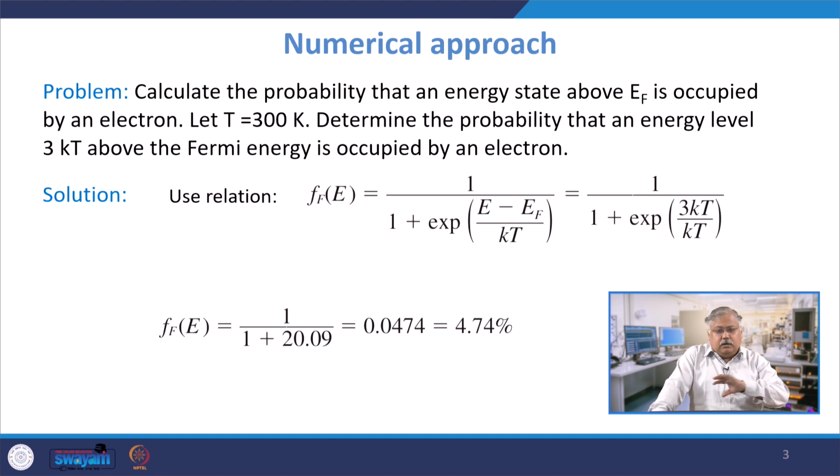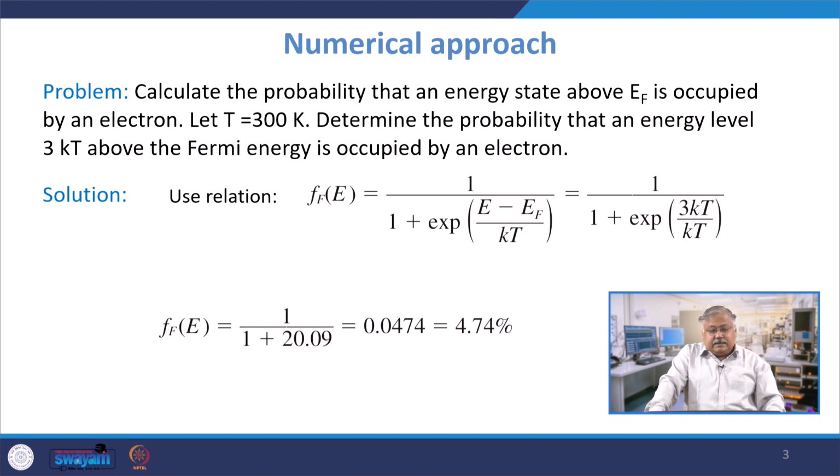So again, let me reinforce this with a numerical example. The question is: calculate the probability that an energy state above EF is occupied by an electron, and we assume T equals 300 Kelvin. This is the first part of the question. The second part is: determine the probability that an energy level 3 kT above the Fermi level is occupied by an electron. So there are two problem statements. What we do is f of E equals 1 by this formula which we have seen.